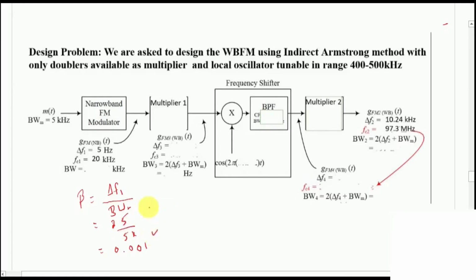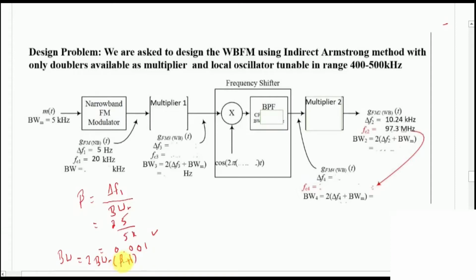So this is checked. Over here we have narrowband FM, and by Carson's rule the bandwidth is 2 BW_m (beta plus 1).